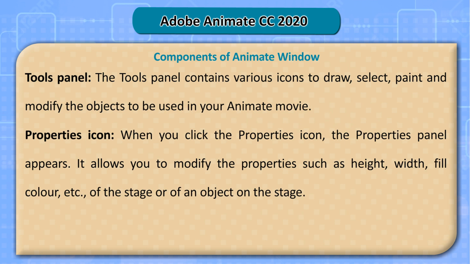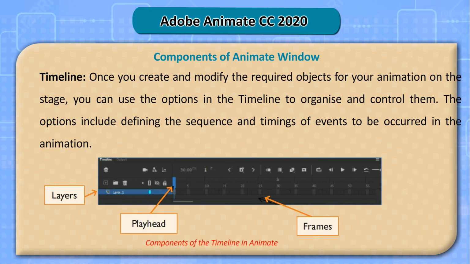Tools panel: the Tools panel contains various icons to draw, select, paint and modify the objects to be used in your Animate movie. Properties icon: when you click the Properties icon, the Properties panel appears. It allows you to modify properties such as height, width, fill color, etc. of the stage or of an object on the stage.